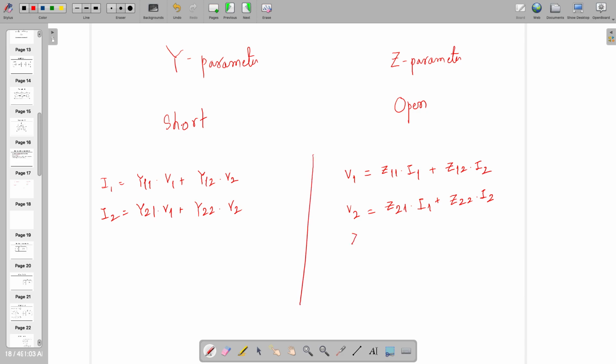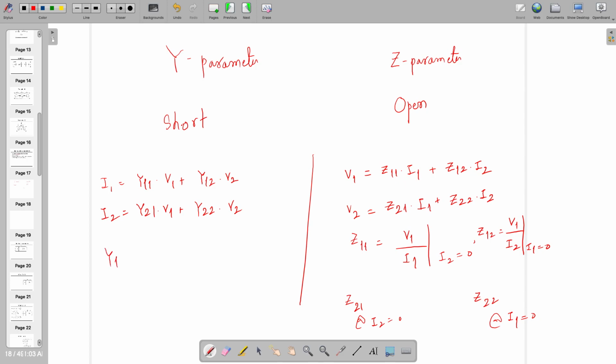Here Z11 is equal to V1 divided by I1 where I2 is equal to 0, and similarly Z12 is equal to V1 divided by I2 when I1 is equal to 0. Similarly, you can write down Z21 and Z22. This is when I2 equals 0, and this is when I1 equals 0.